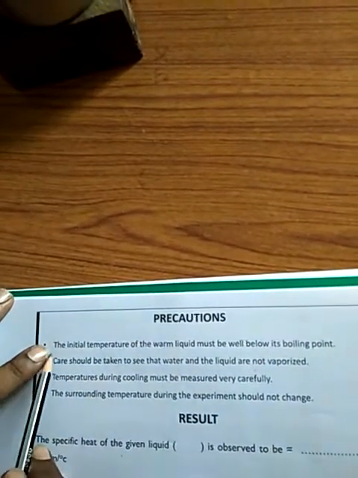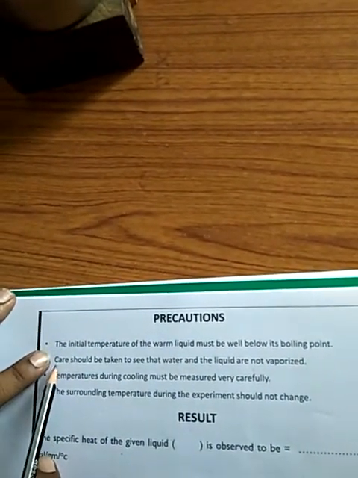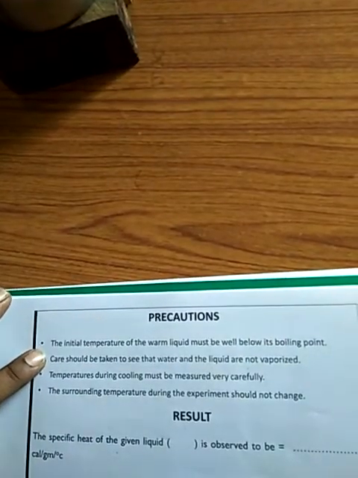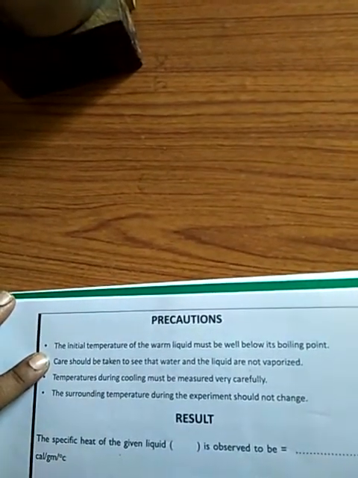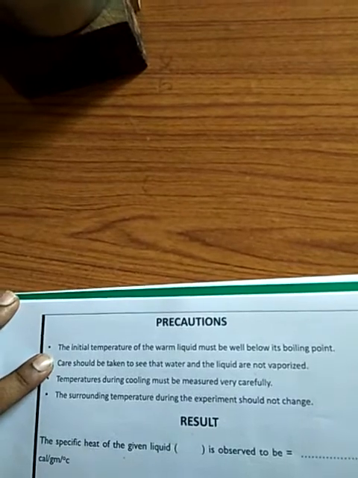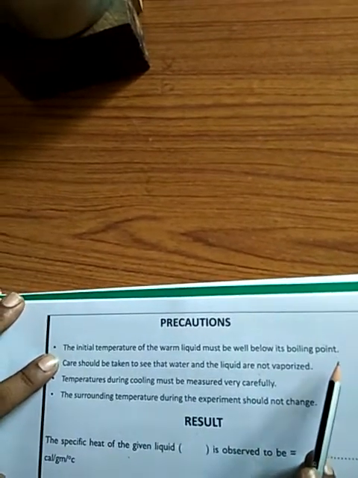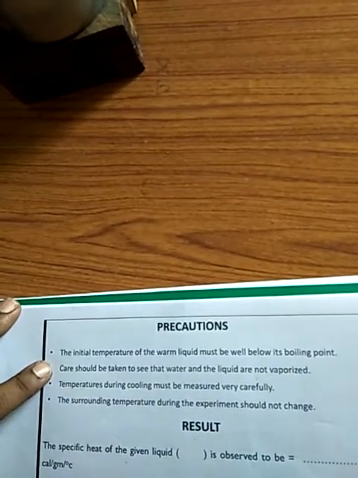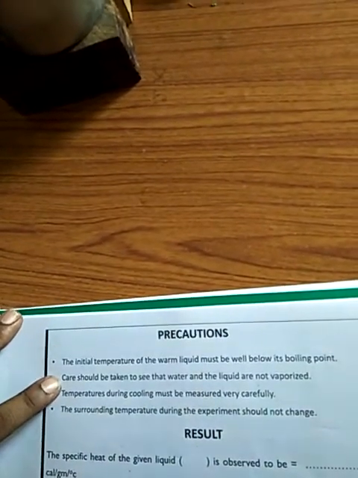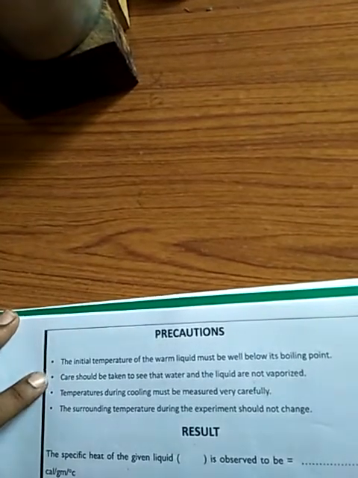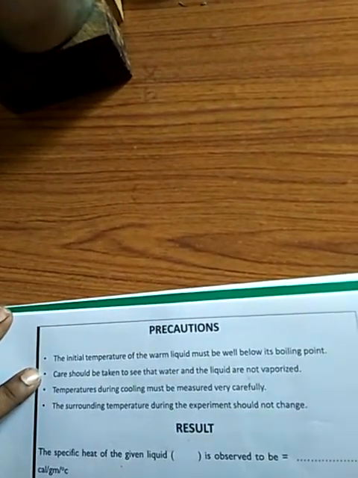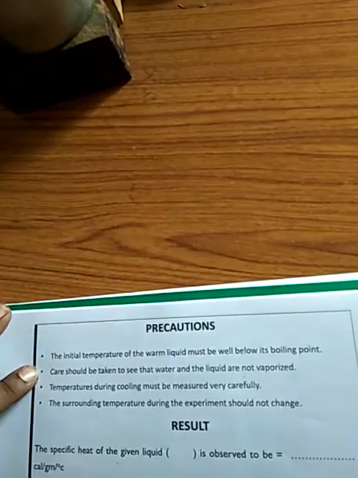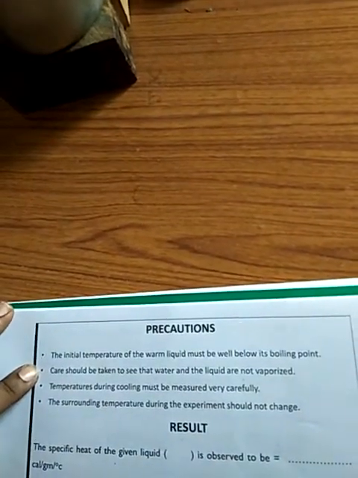We have to make sure that neither liquid nor water is vaporized during the heating process. So no liquid or oil should be vaporized. That is why the temperatures we are considering lie only in the range of 80 to 60, because we know the boiling point of water is 100 degrees centigrade. That is why we are considering the measurements only between 80 degrees centigrade and 60 degrees centigrade, both for water as well as oil.